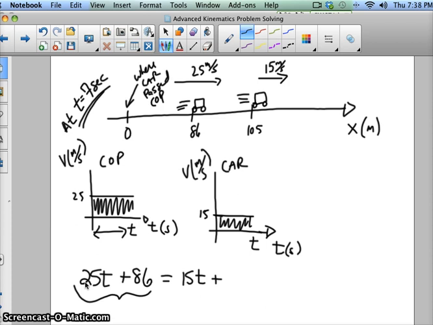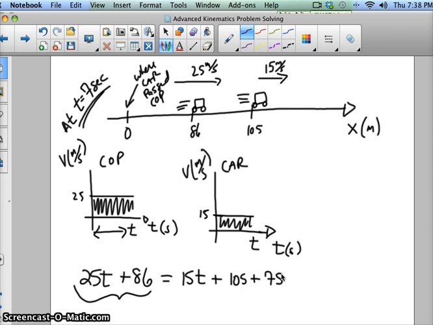Again, the car traveled 105 meters in the 7 seconds while the cop was speeding up. So that's 105 while the cop was speeding up. But then, before the cop even started, this car traveled 75 meters.